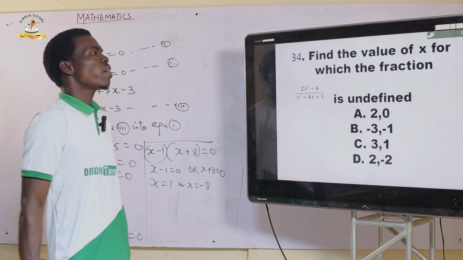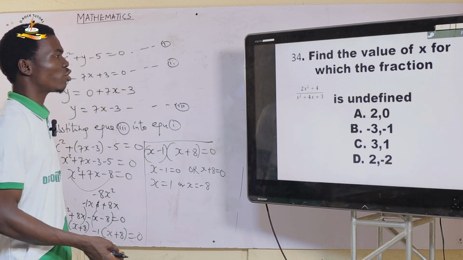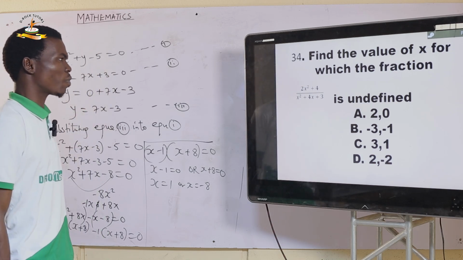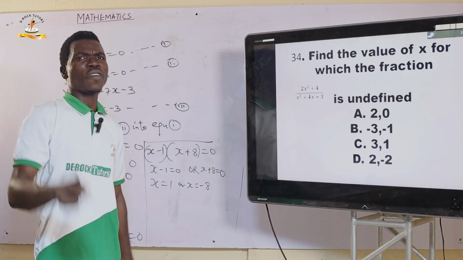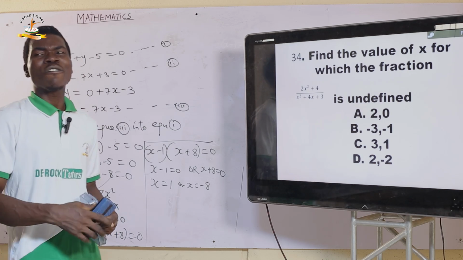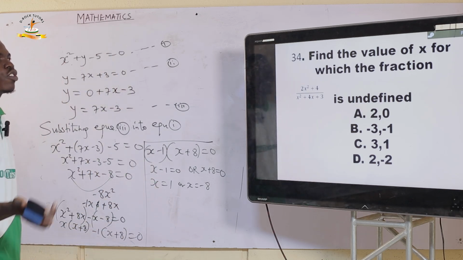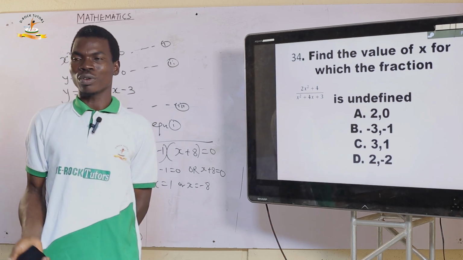Our next question says, find the value of x for which the fraction 2x raised to the power 2 plus 4 all over x squared plus 4x plus 3 is undefined. So when you hear a fraction is undefined, we are saying that the value of x for which the denominator becomes 0.